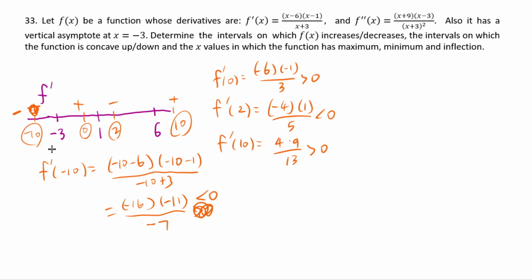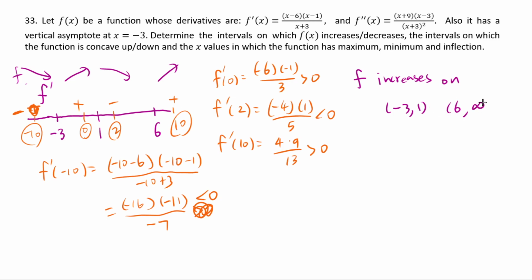Okay, so because f prime is negative, positive, negative, positive, we know that the function must be decreasing, then increasing, decreasing, and then increasing, okay? And that allows us to answer increasing and decreasing intervals. So f increases on from negative 3 to 1, and also from 6 to infinity, right?